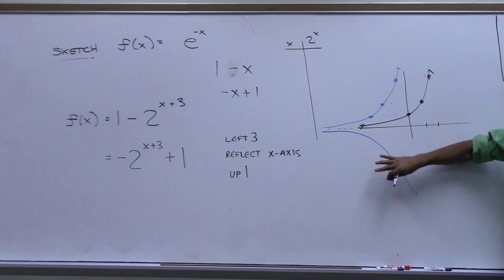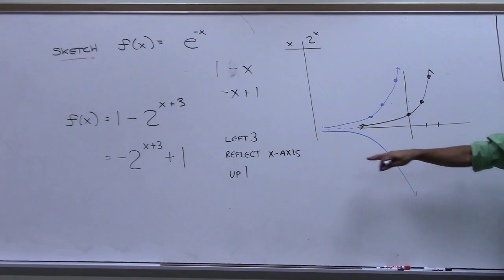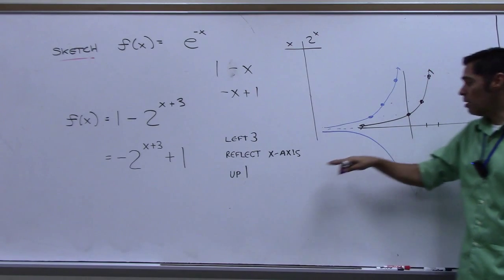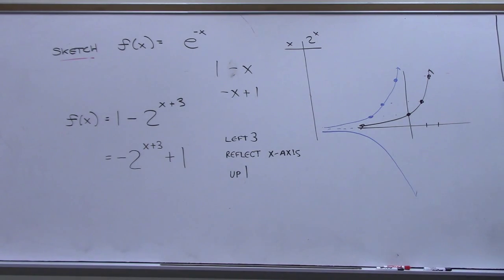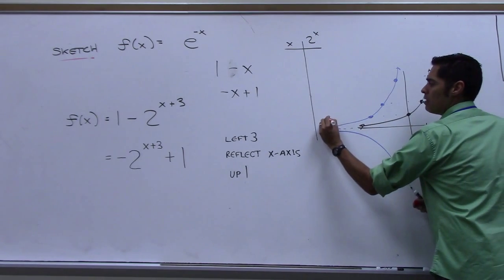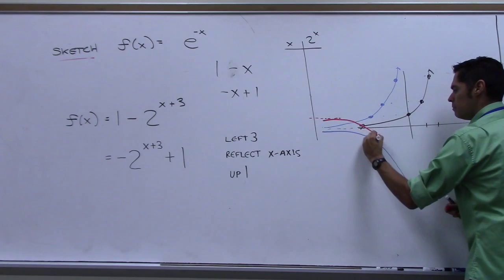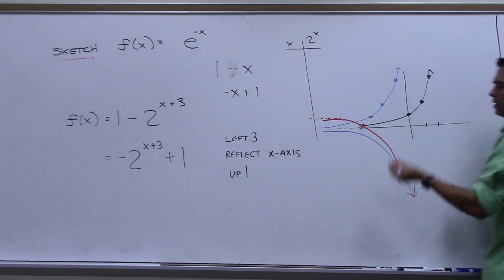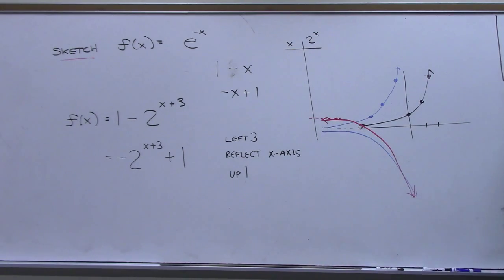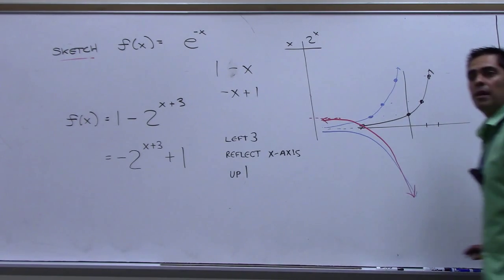That reflected. And then take that and move the whole thing up 1. So what goes up 1 with me when I move the whole thing up 1? The horizontal asymptote goes up 1 also. So here's my new horizontal asymptote. And my graph all went up 1. So whatever, that's good enough. We're not trying to be perfect here. Because what you want to be able to gather from this is the domain and range.